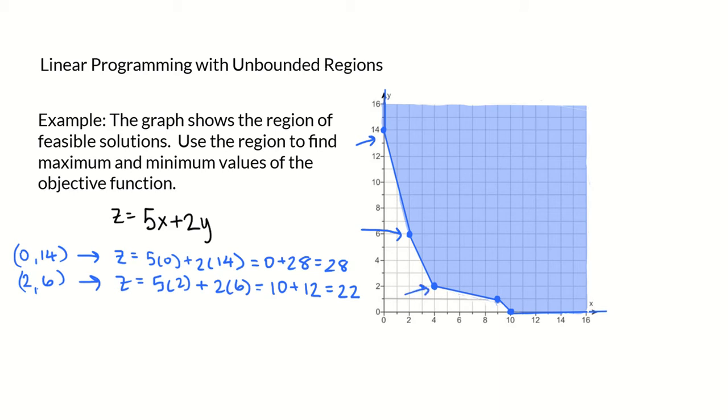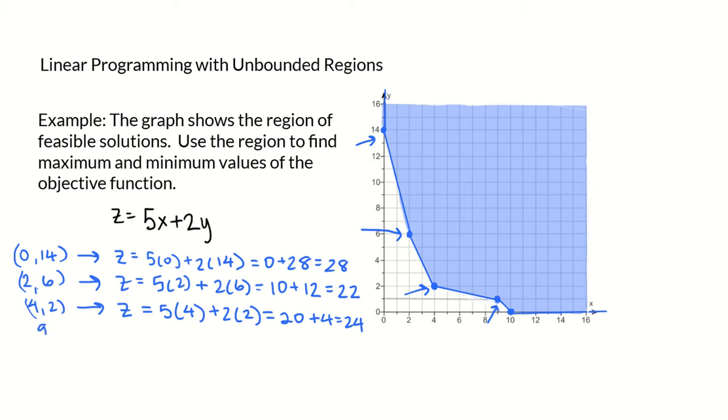Next, we test this point, which is the point (4, 2), which gives z equals 5 times 4 plus 2 times 2, which is 20 plus 4, which is 24.